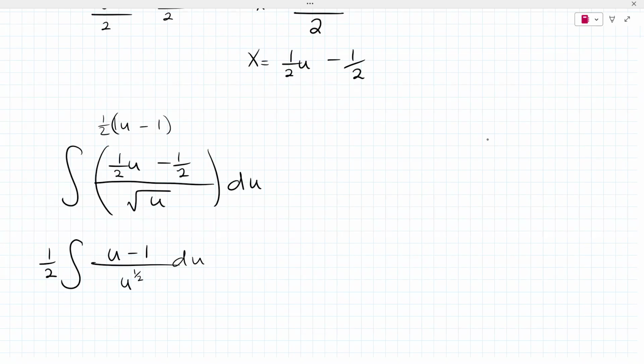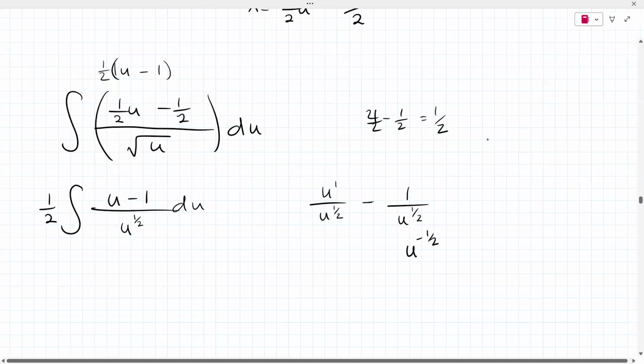Basically, you can divide each term, so I'm doing u over u to the 1/2 minus 1 over u to the 1/2. When you're dividing with the same base, you subtract. So what's 1 minus 1/2? 1/2. And you can rewrite 1 over u to the 1/2 as a negative power, u to the negative 1/2.